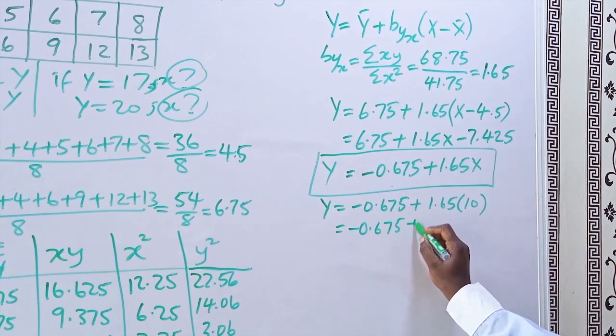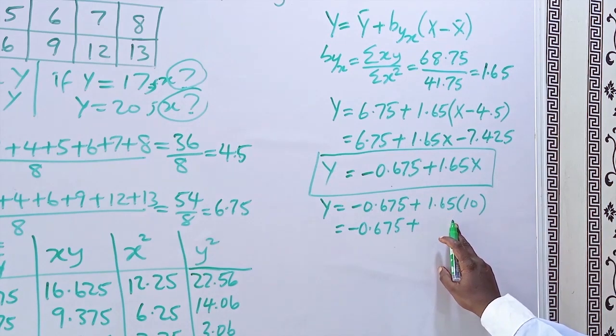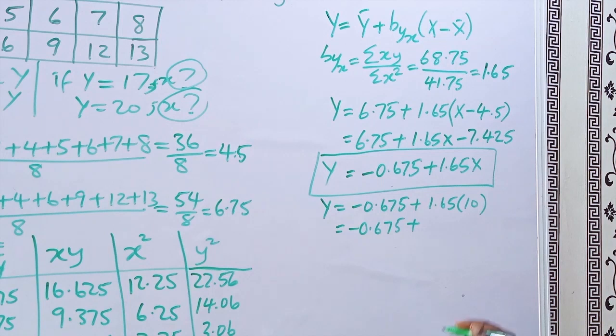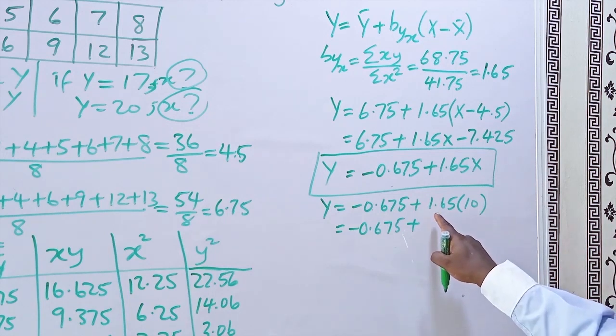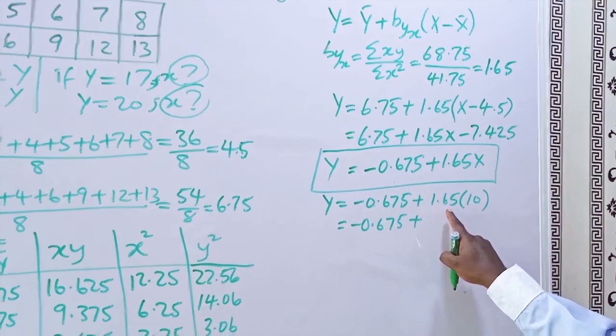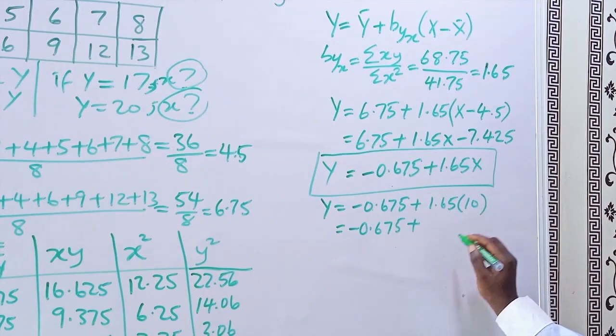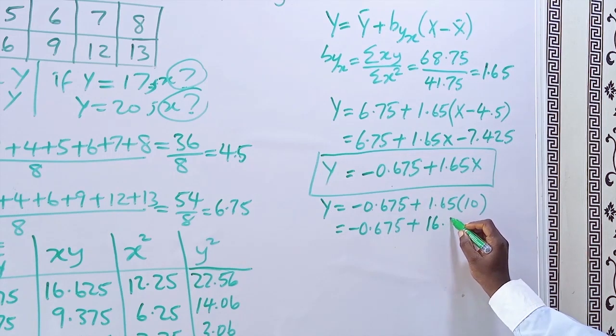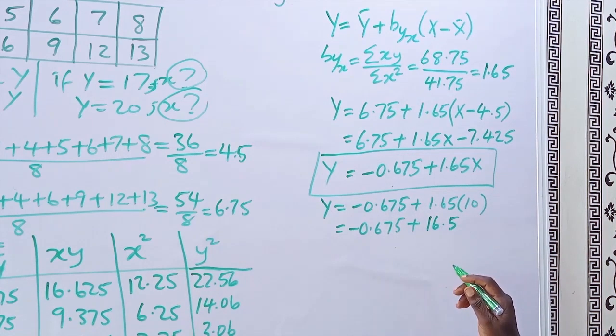If we multiply through by 10, this gives us 16.5.